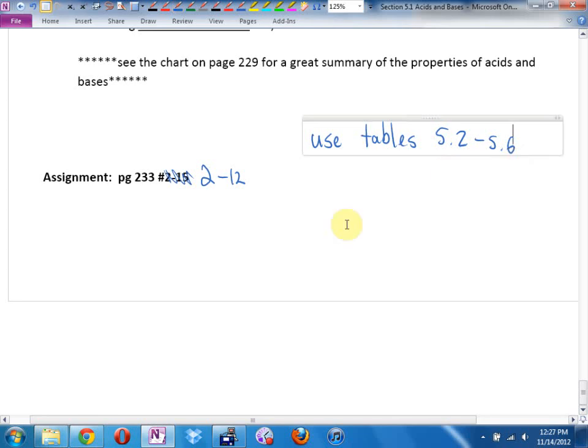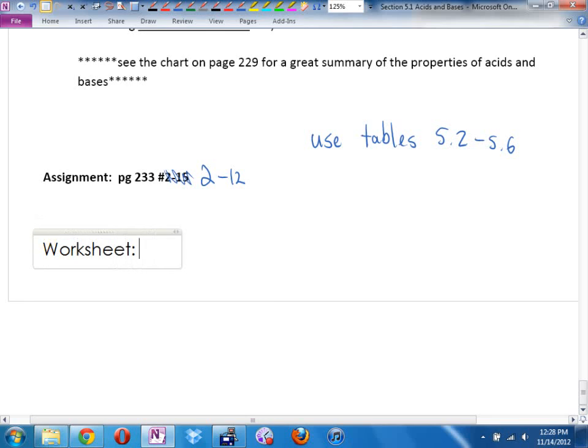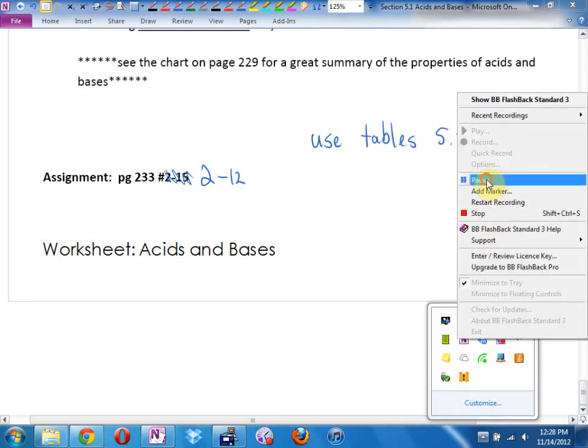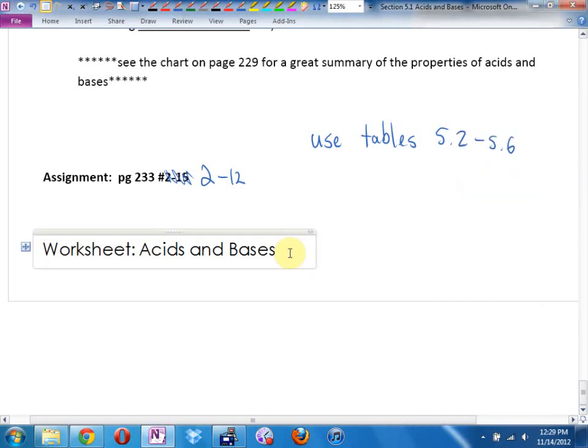And also, we have for you a worksheet called Acids and Bases. Let me hand that out. On the worksheet that's called Acids and Bases, you can skip number 11 and 12 on the back. I did attach the answers.